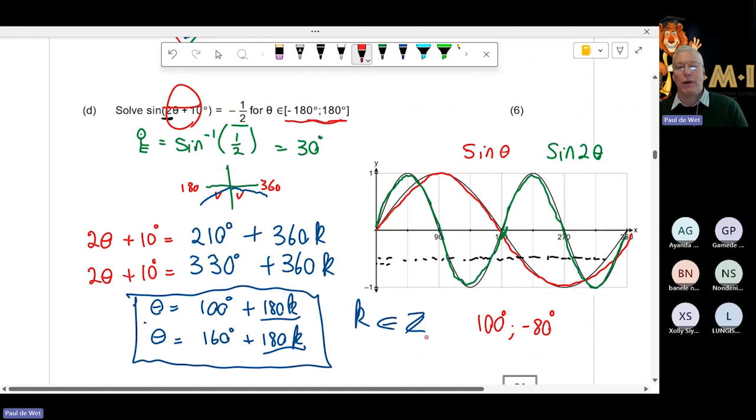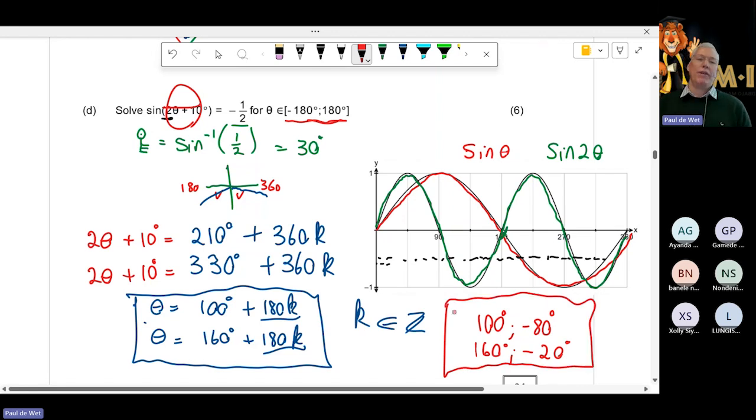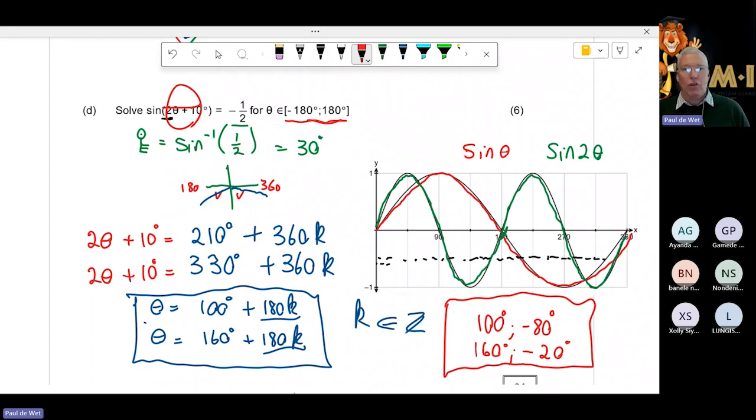So I'm not going to write that one down. Here, I can take 160. I can't add 180 without going outside. I can subtract 180 once, and those guys are my 4 answers to this question. Really, really important that we know how to solve trig equations. I think that's a good approach in terms of solving them.